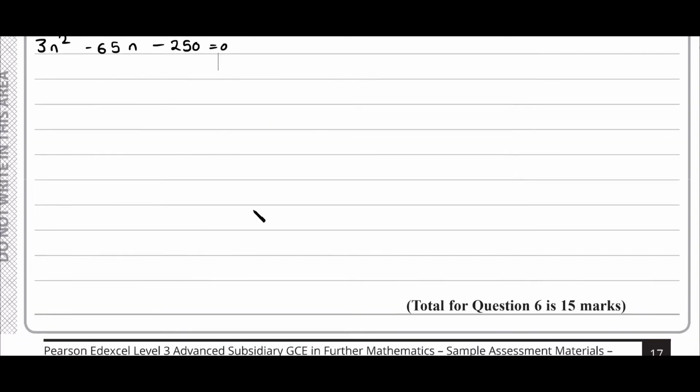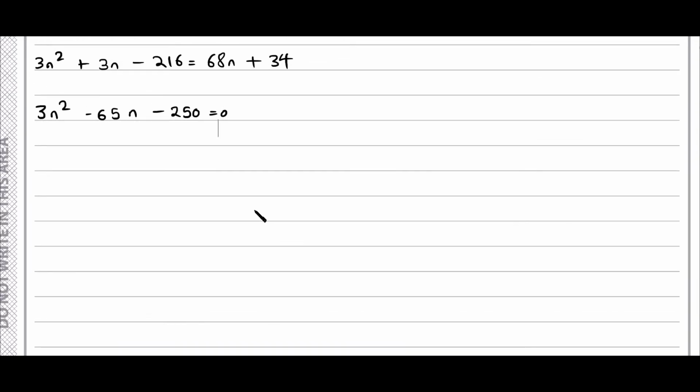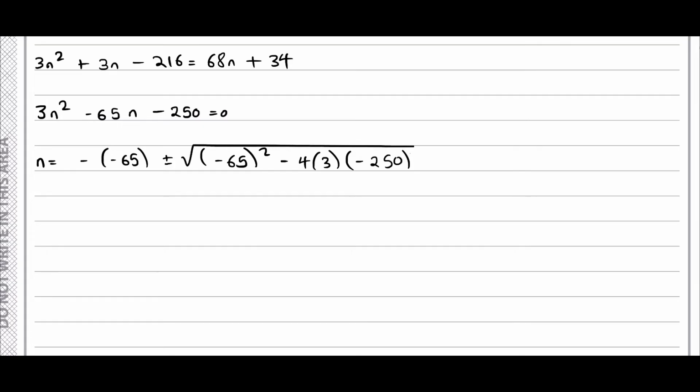And now we can use the quadratic formula to solve for n. n is equal to minus minus 65 plus or minus the square root of 65 squared minus 4 lots of 3 lots of minus 250, and then we divide by 2 lots of 3.